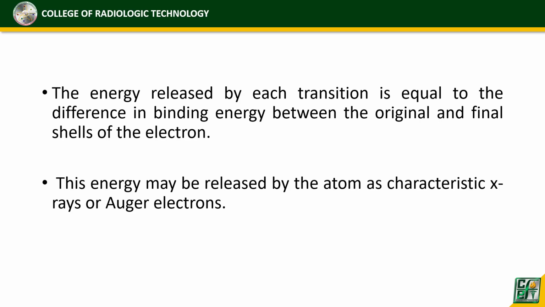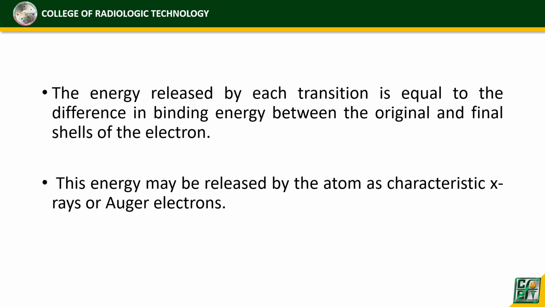At yung energy na maproproduce sa paglipat ng Auger electrons from its original orbit or shell to the final shell is called characteristic radiation. So we will be discussing characteristic radiation in the coming weeks. Okay, when we discuss the two types of X radiation.